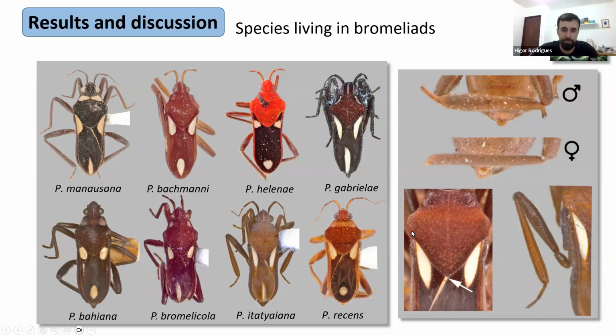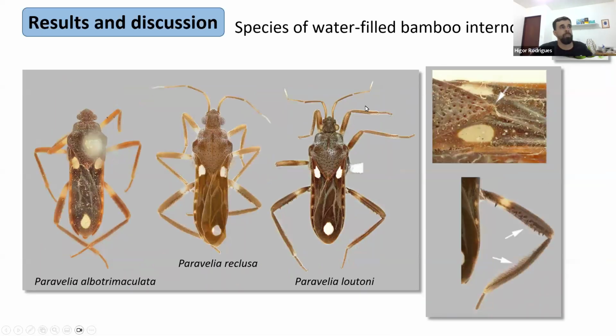And about the species of water-filled bamboo internodes, these three species are also very similar to each other.